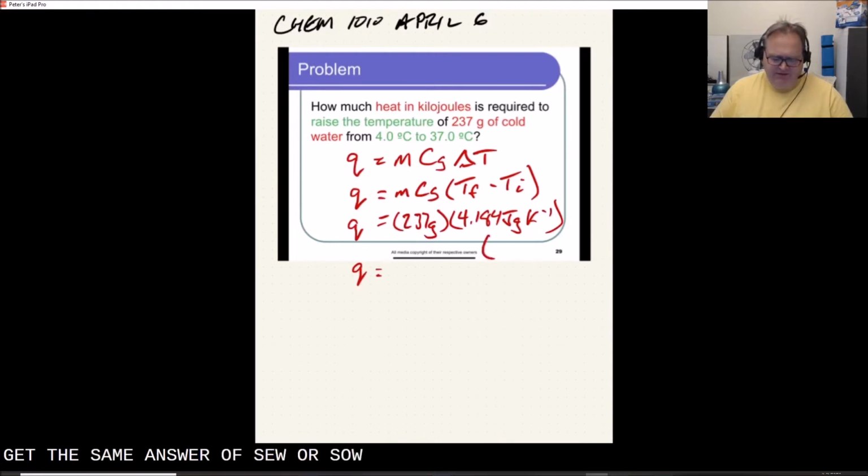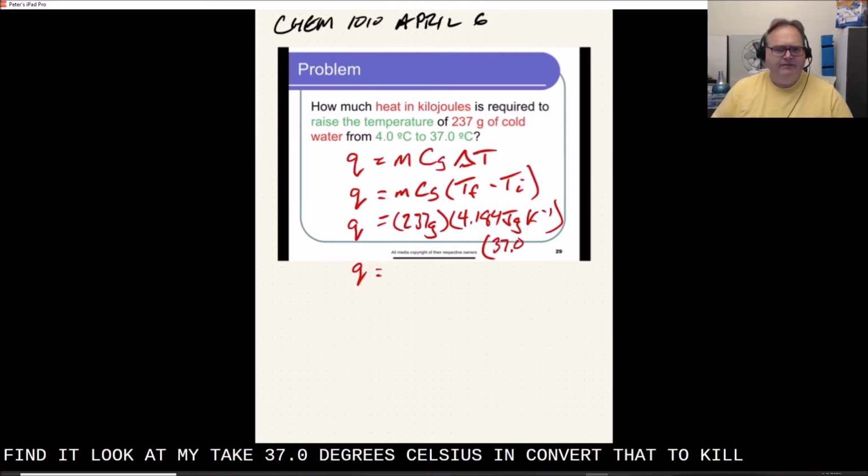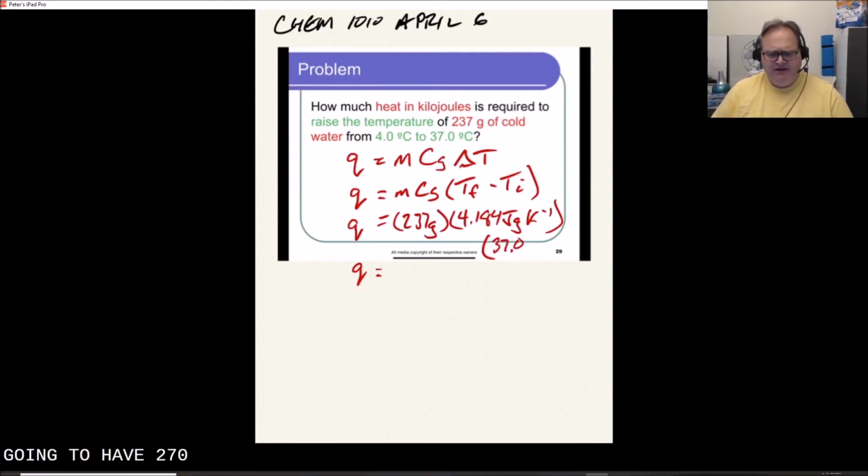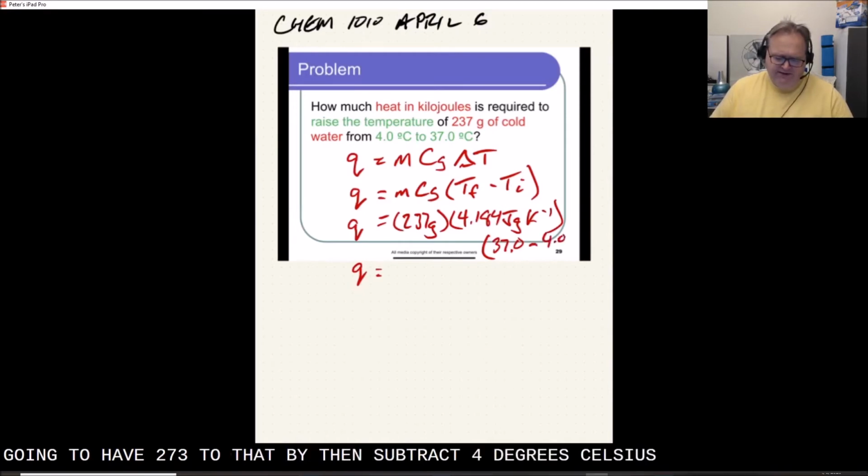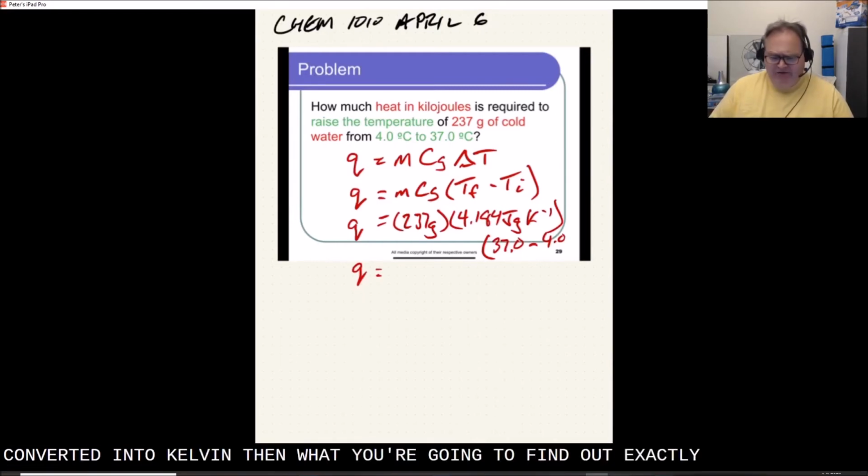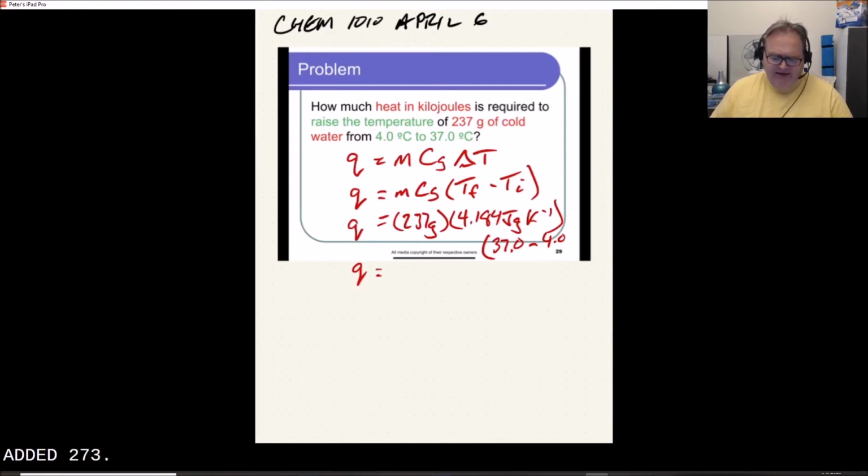Of course, I'm going to do that here, because if I take 37.0 degrees Celsius and convert that to Kelvin, I'm going to add 273 to that. If I then subtract 4 degrees Celsius, which I've converted into Kelvin, I'm going to have added 273 to that, and those added 273s are going to cancel each other out.